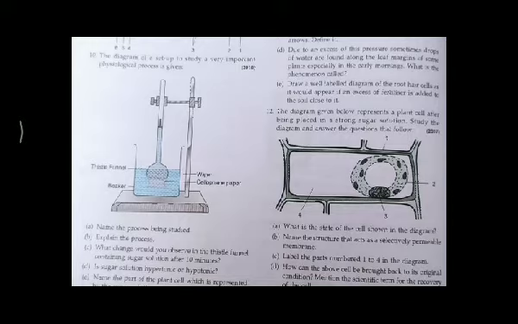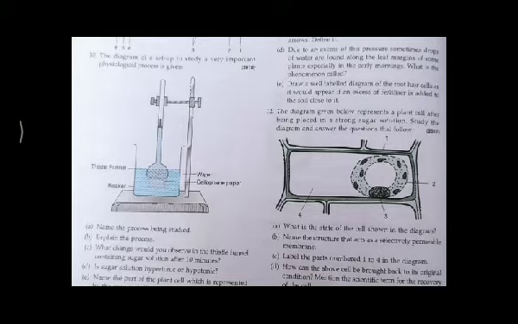Segment A of question number 10 is asking: name the process being studied. You can write directly that it is osmosis. Segment B of question number 10 is asking: explain the process.